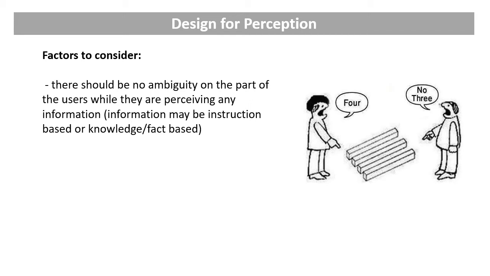So whenever there is a communication of any information from one individual to another, there should be no ambiguity, so that whatever the creator of that information has thought of, the listener or the perceiver should also perceive it in the same light as the creator of that information.